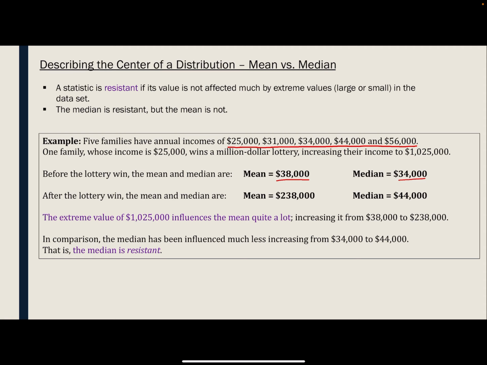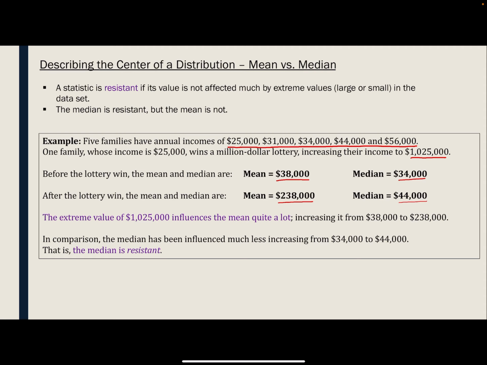But when we have an outlier, meaning that this 25,000 became 1,025,000, and then we again make the calculations for the mean and the median, you can see that the mean is greatly affected by that outlier, whereas the median was only slightly affected. And this is why we say the median is resistant to this big outlier, whereas the mean is greatly affected by outliers.